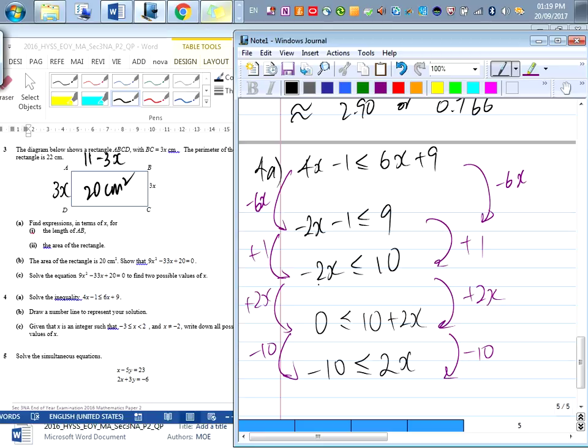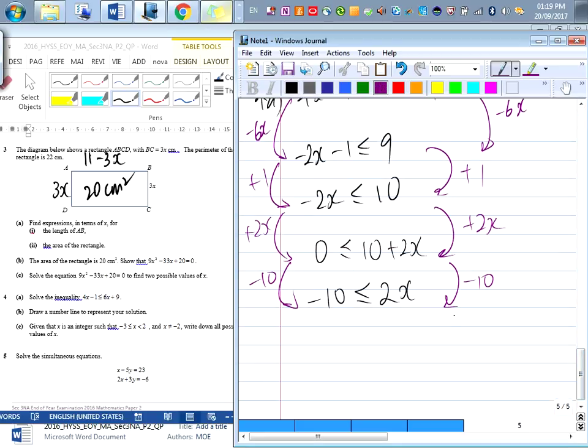Why did that happen? Because I added 2x on both sides. So no more negative x now. So the next step is to, like you said, divide by 2, and we will get negative 5 is smaller than or equal to x.